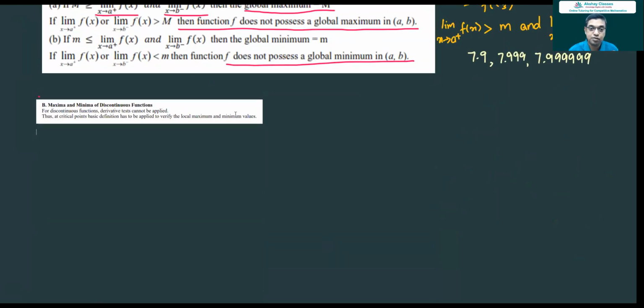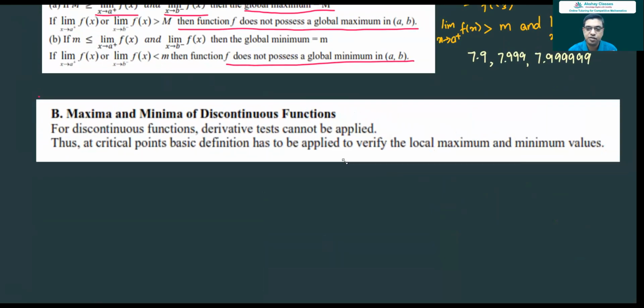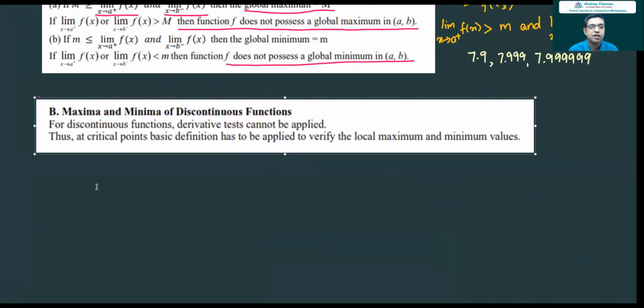It can be asked also: piecewise discontinuous and non-differentiable functions. So for discontinuous functions or non-differentiable functions, the derivative test cannot be applied. So at critical points, the basic definition or the functional definition has to be applied, not the first derivative test or the second derivative test.